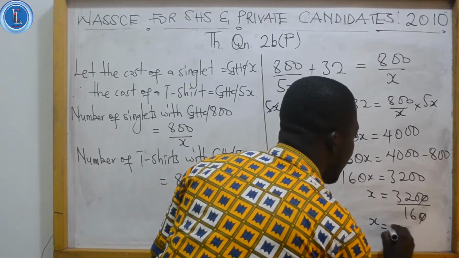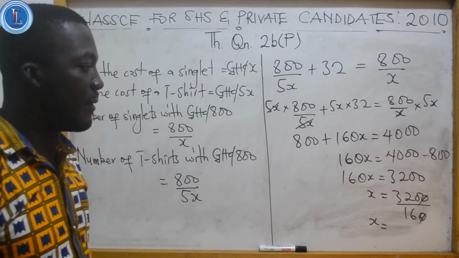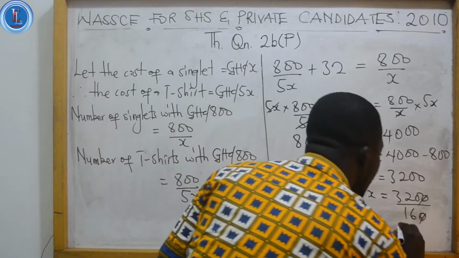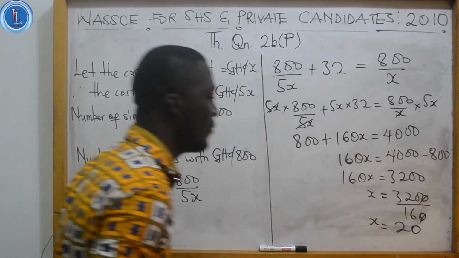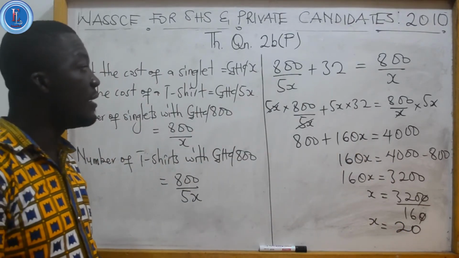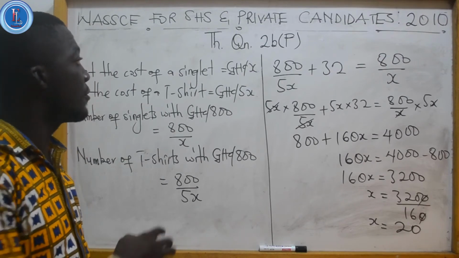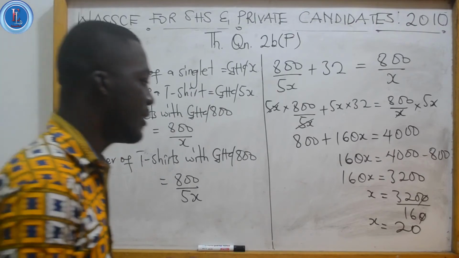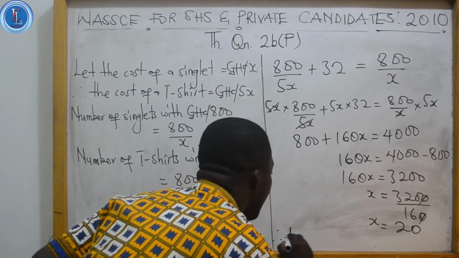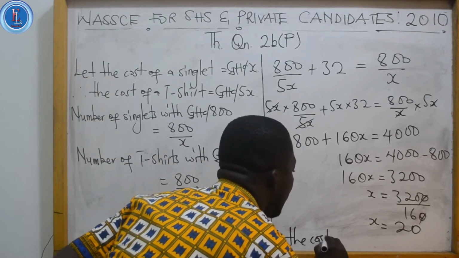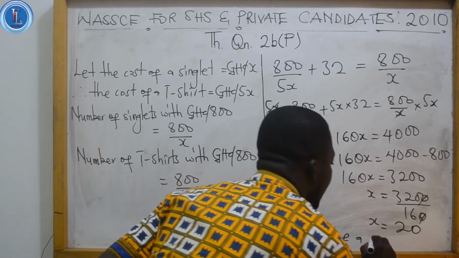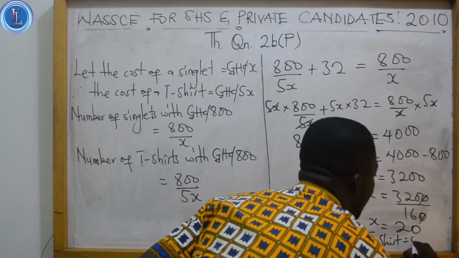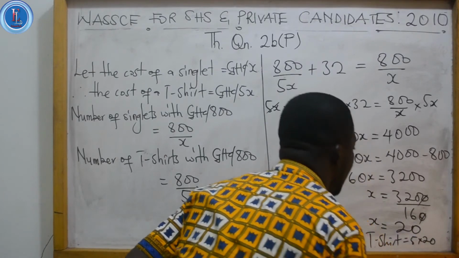So we are left with 320 divided by 16, and that one will give us 20. So this 20 is the cost of a singlet. So if you want to find the cost of a t-shirt, therefore the cost of a t-shirt is equal to 5 times 20.